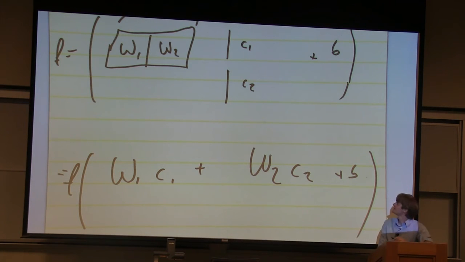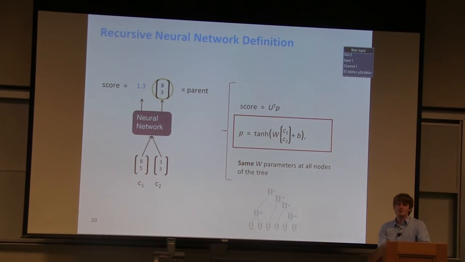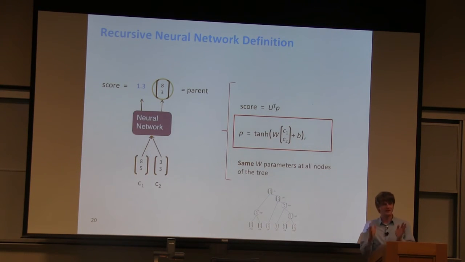All right, so now, can we switch back to the slides? So now the main reason we call them recursive is that we use the same W parameters at all the nodes of the tree. And now you will very often hear the confusion between recurrent and recursive neural nets.